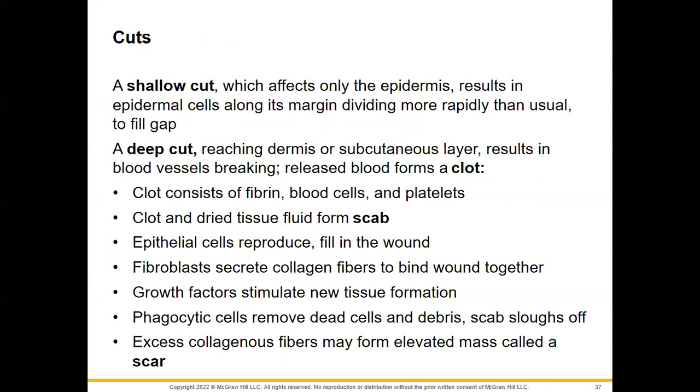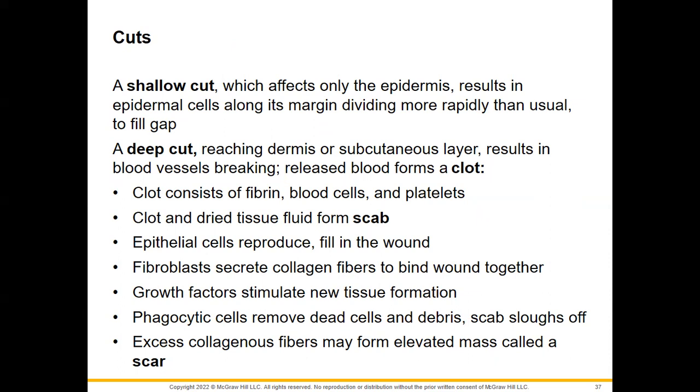If you have a cut, whether shallow or deeper, the body will respond slightly differently because different areas of the body have been affected. A shallow cut usually only affects the epidermis. Think paper cut, all right?